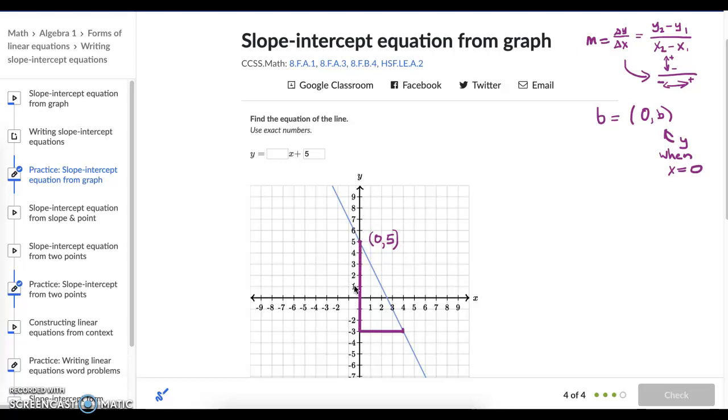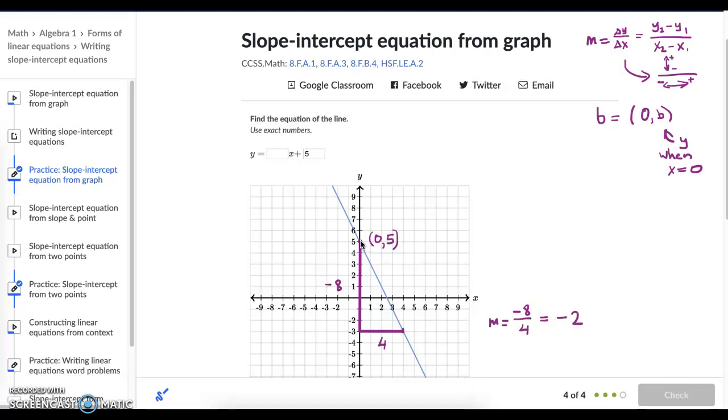We see here 5, 6, 7, 8. We're going down 8, so that's negative 8. And going across, 1, 2, 3, 4, to the right 4 spaces. So our slope m is negative 8 over 4. We could simplify that, of course, to negative 2.